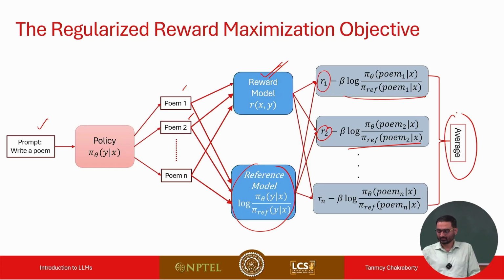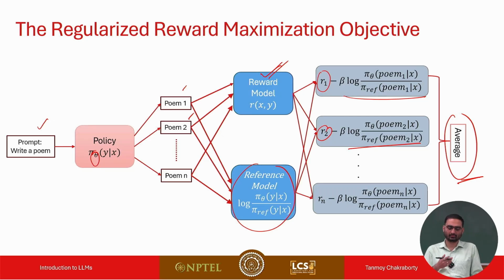This is going to be your total regularized reward function, which you want to maximize. Through this maximization process, you will essentially learn this theta, which is our main objective.